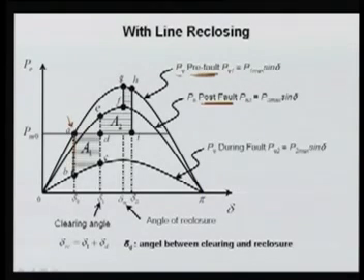Your system is coming here, that is, during the fault condition it will try to follow here, and then once the fault is cleared, that is the clearing angle. It will try to go to this point because once the fault is cleared it follows this. While it is oscillating, the line was opened and it follows this.